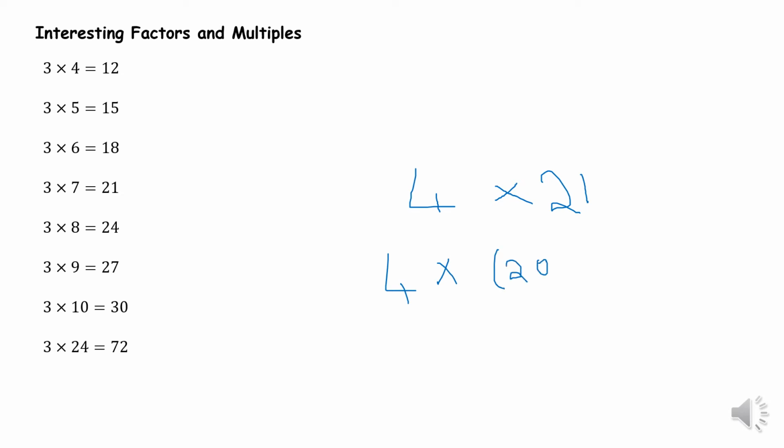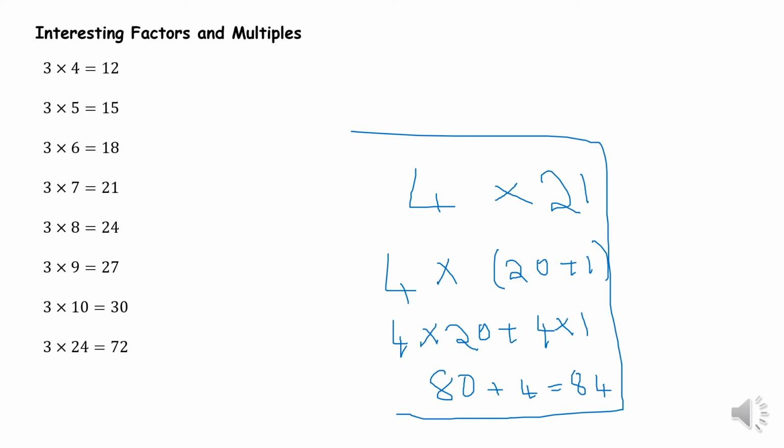So I have 4 times 20, which I know is 80, and then I have 4 times 1, which I know is 4. So I know that this answer is 84. If I have to do multiplication of numbers, I work from the right. But it needs practice, so you need to do a lot of practice.